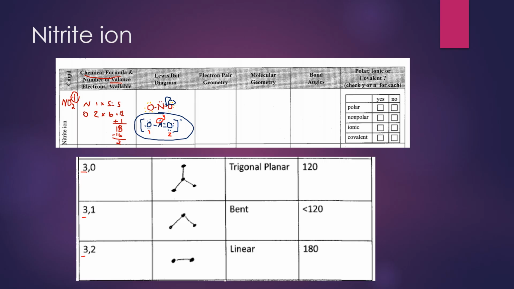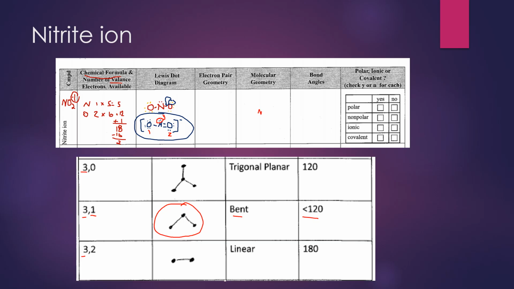What comes after the comma is how many of those things are lone pairs. Well, if I look at my diagram, nitrogen only has 1 lone pair on it. So I'm looking at the 3, 1. So this diagram here shows the molecular geometry. It tells me that it's bent and that the angle is less than 120. So what this is answering is the molecular geometry, so that's here.